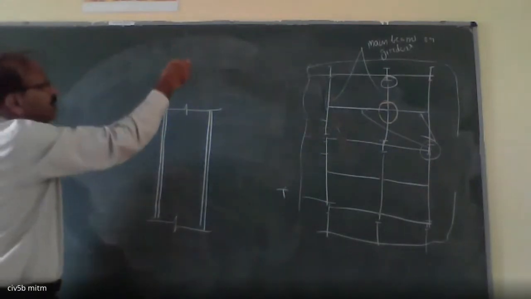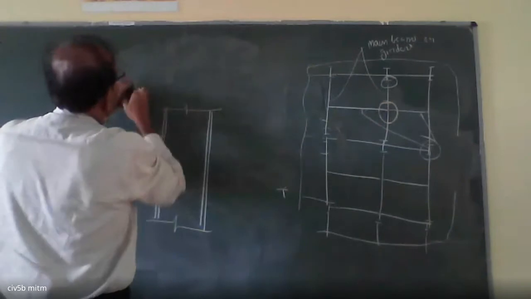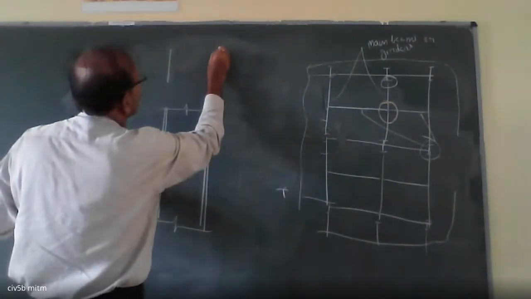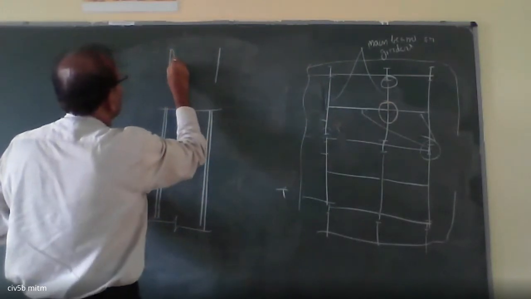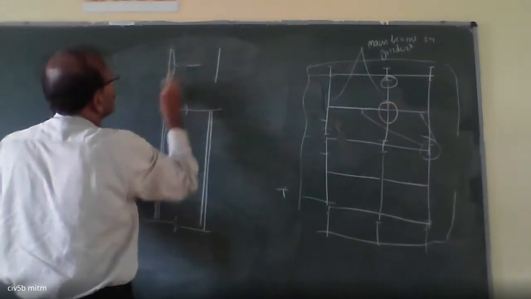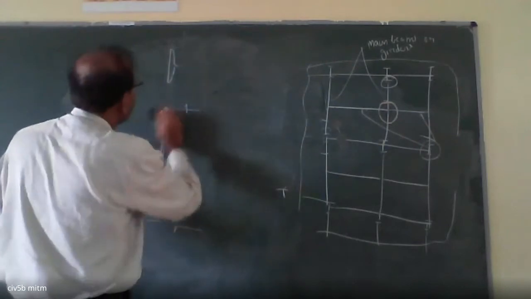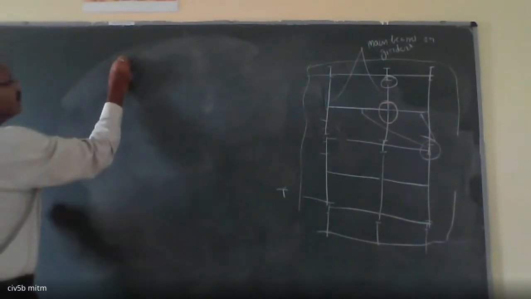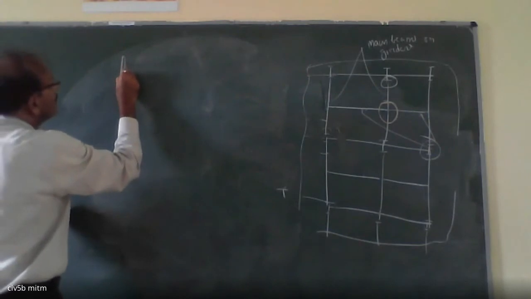If you look from the top, you will see the column in the plan, which is an I section. Let me make it a little bit bigger. This is the plan of the I section.